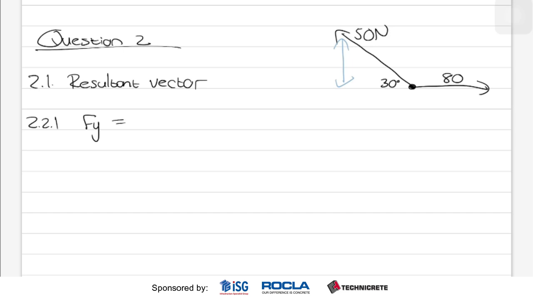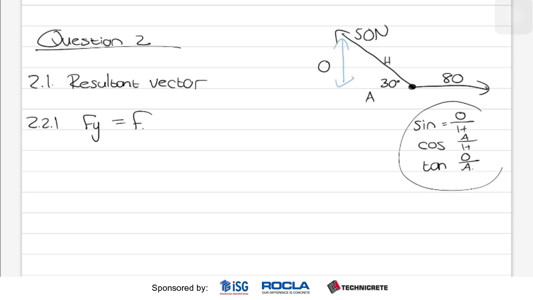That would be equal to your force, which here is 50, times, if this is our opposite, our adjacent and our hypotenuse, we are trying to figure out our opposite and we have our hypotenuse. So that gives us sine. Because remember, sine is equal to opposite over hypotenuse, cos is adjacent over hypotenuse, and tan is opposite over adjacent. Always remember that for maths and for science.